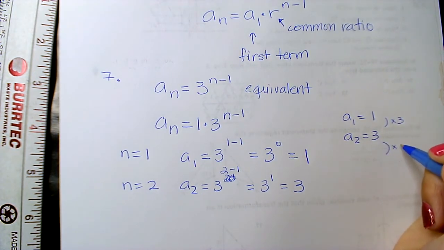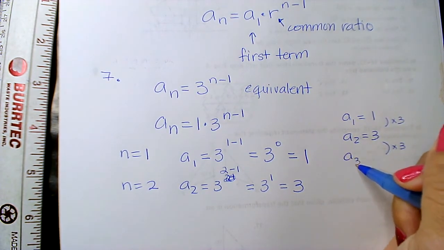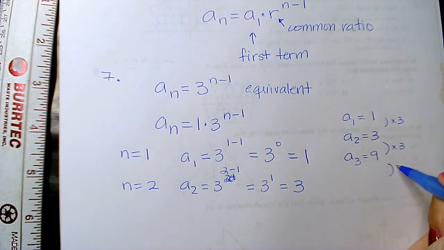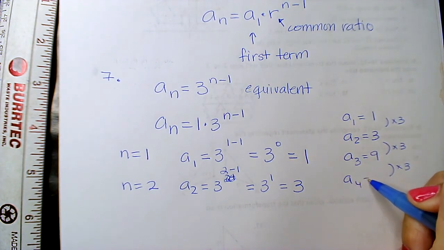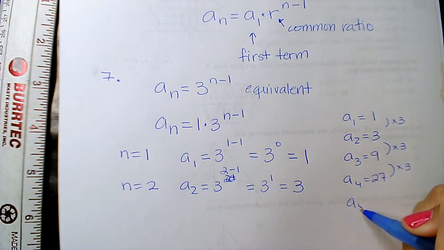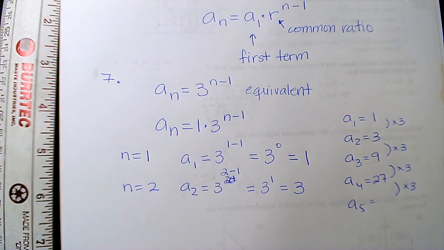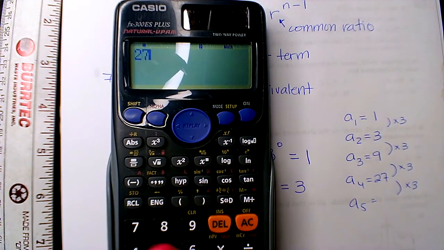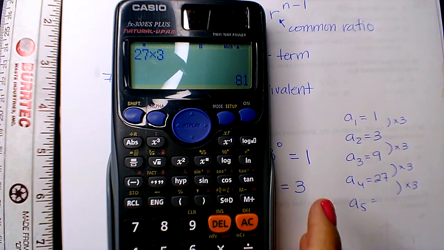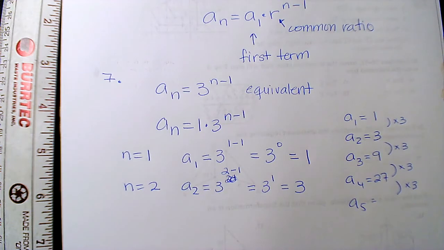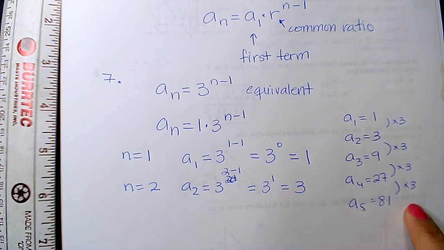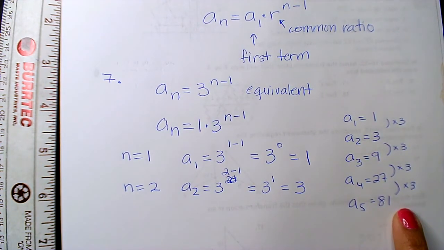So what's my next term going to be? 9. The next one's going to be? Right, so I'm still going to do the substitution, you guys. So what's 27 times 3? 81?